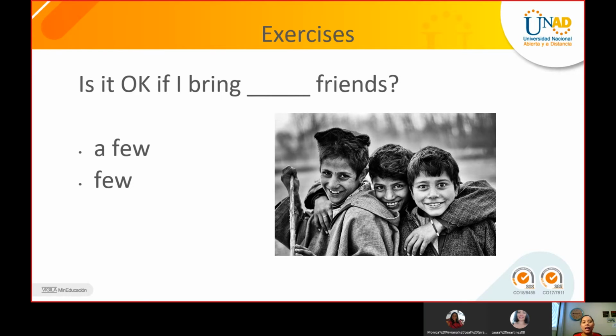It's different if you say, I invited, I don't know, 20 friends to my party, but only few of them showed up. So, like, not enough, right? But here you need "a few", like some friends. Can I bring some friends? A few friends.